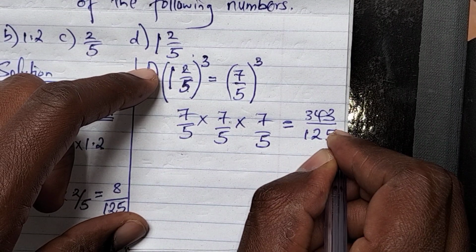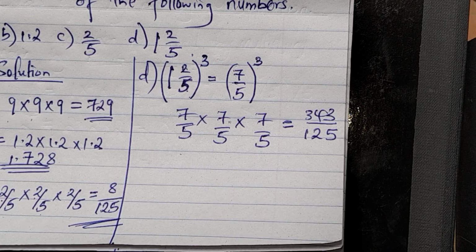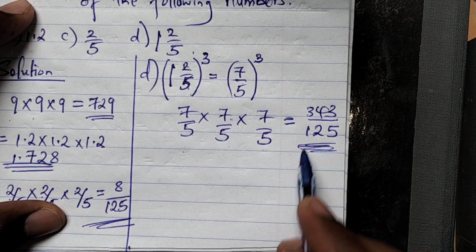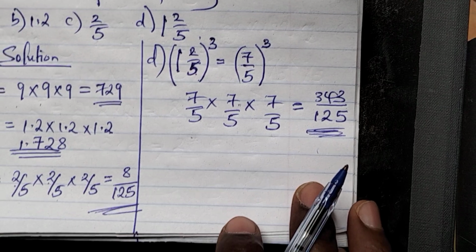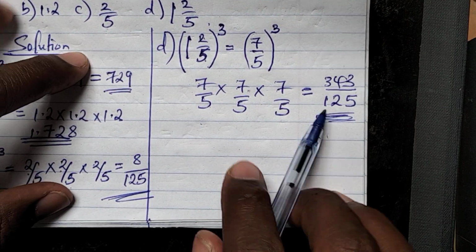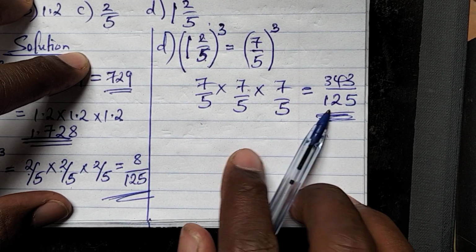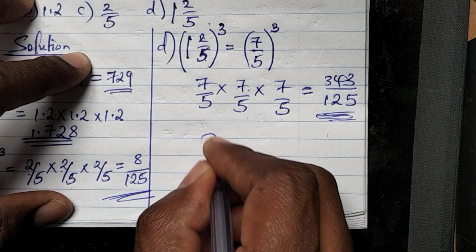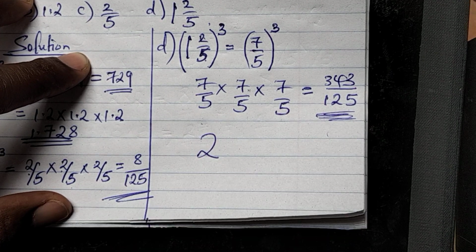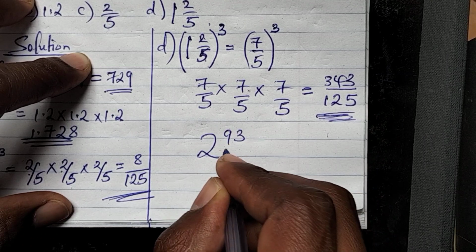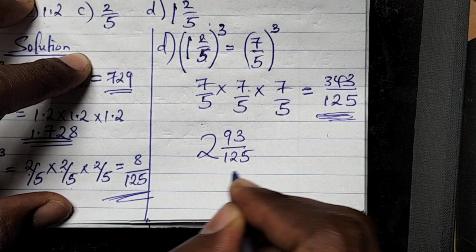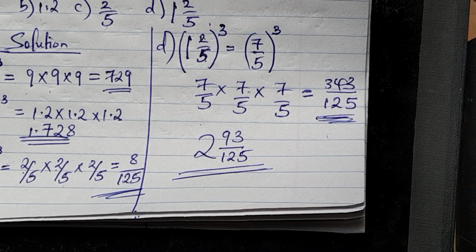You can simplify this to come up with a simplified form of the answer. 125 goes into 343 twice, and the remainder is 93, so we get 2 and 93 over 125. So that is the cube of 1 and 2 over 5.